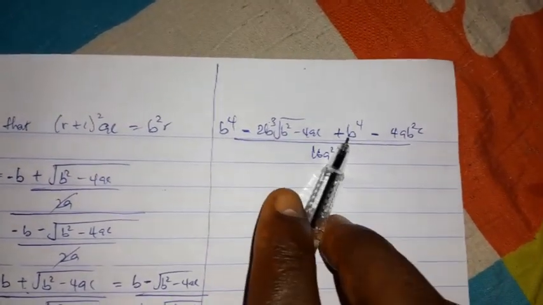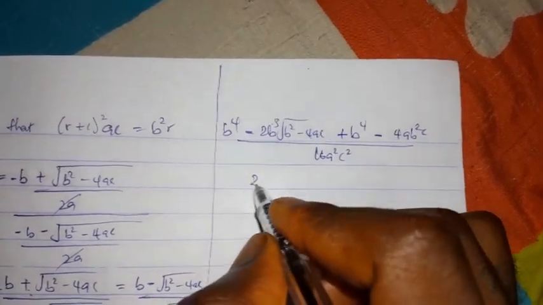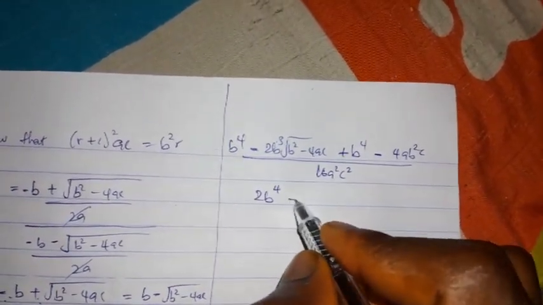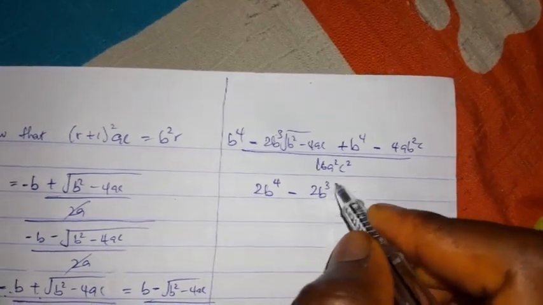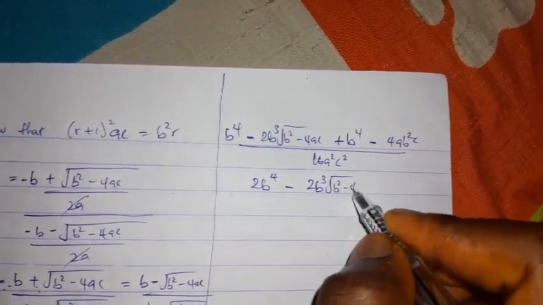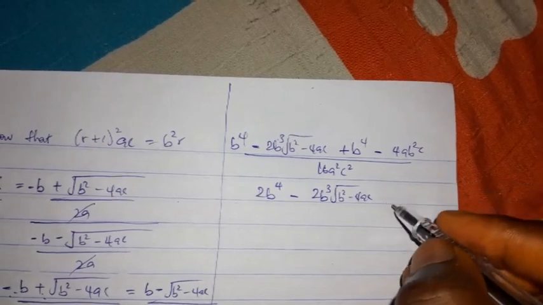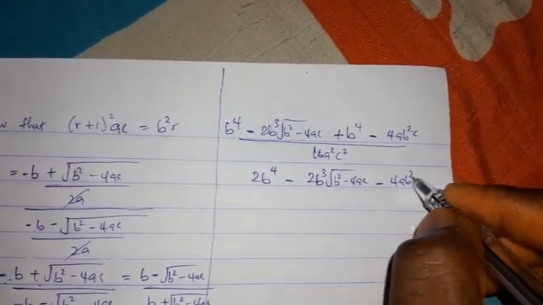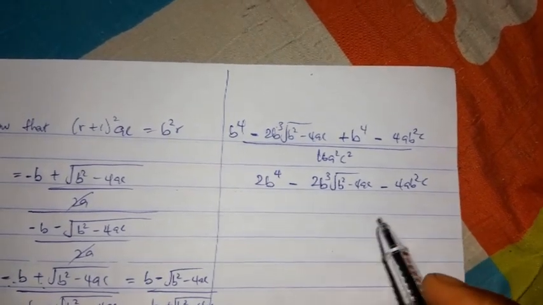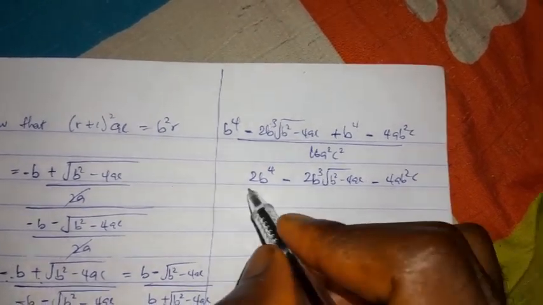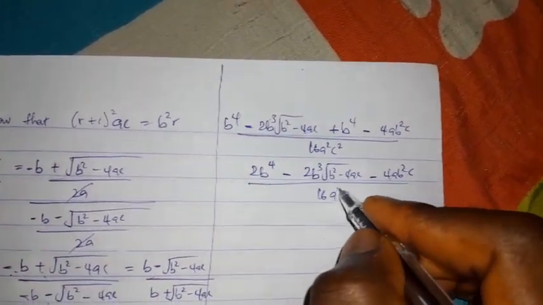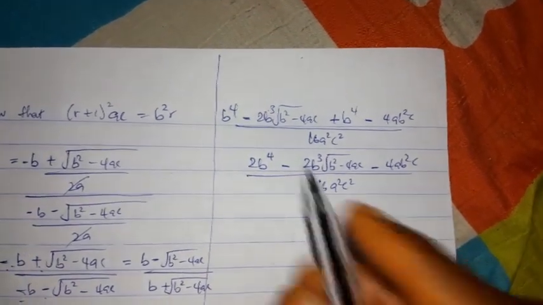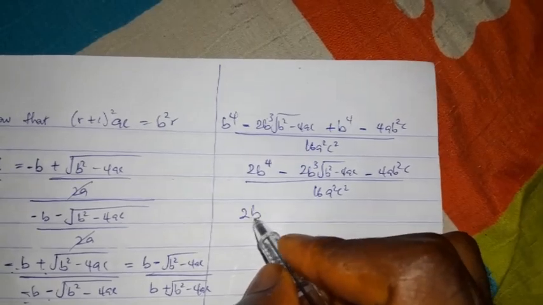Now from here, what happens? This becomes 2b raised power 4 minus 2b cubed square root of what? b squared minus 4ac, then what remains? Minus 4ab squared c. Now all over what? 16a squared c squared. You will notice 2b squared is common up here, so it comes out as 2b squared.